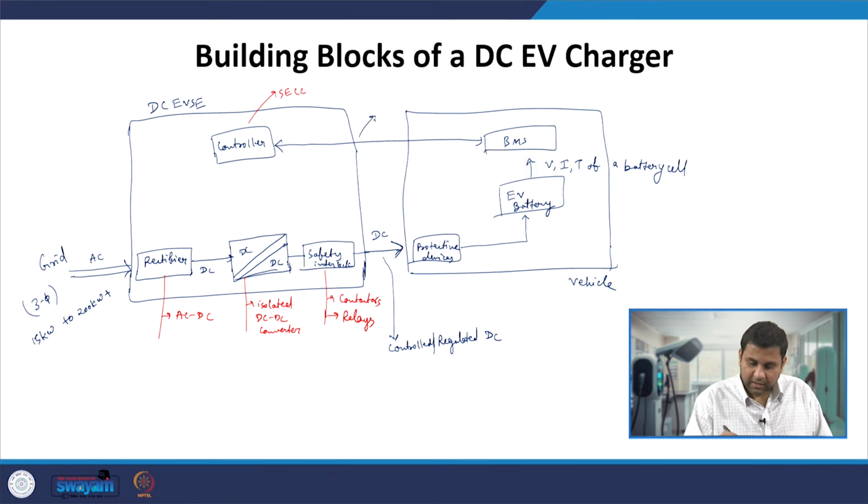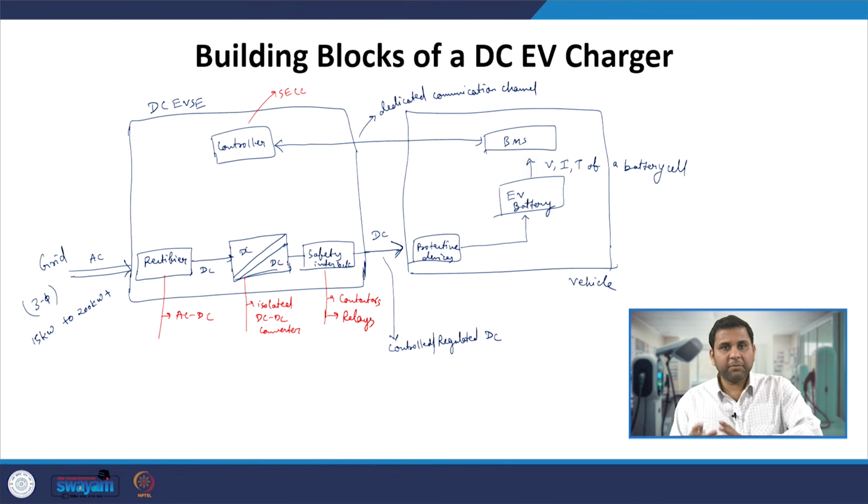So this is a dedicated communication channel, or you can say port channel. We have a dedicated communication channel which will be exchanging a lot of information between the vehicle and the charger controller. Many information will be exchanged between the BMS and the controller.